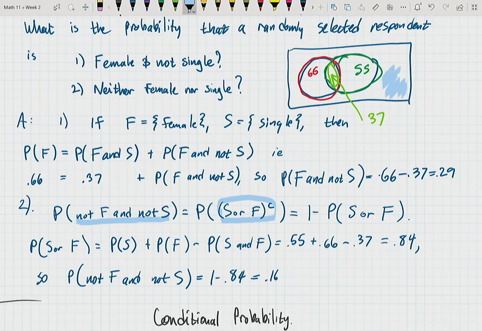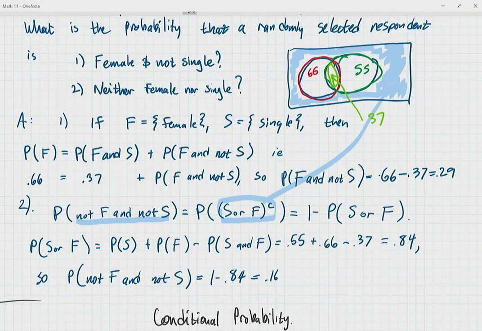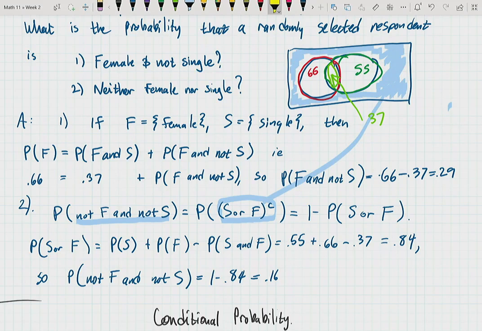So that's this region. On the other hand, let's shade in, how about female and not single? That would mean you're inside the female one, but outside the single one. So that is this right here.